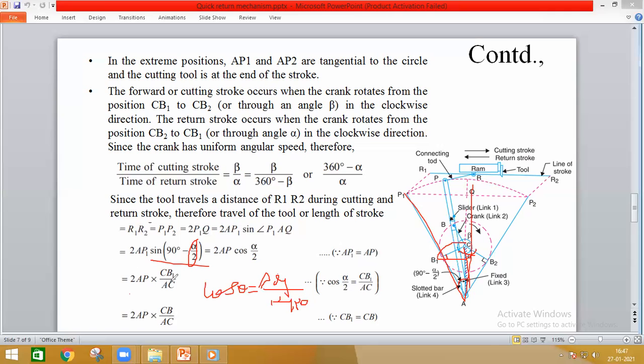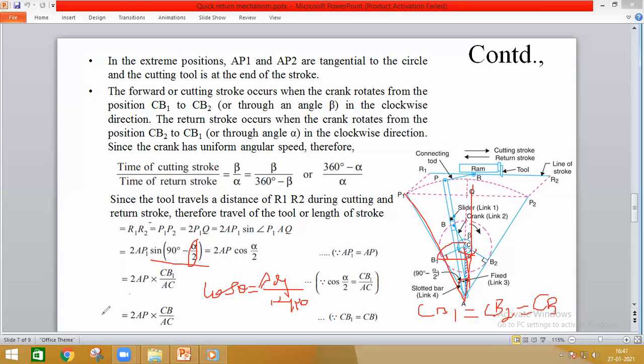So CB1 divided by AC. Where we can write it as 2AP into CB divided by AC, because CB1 equal to CB2 equal to CB. These are all the radius of the crank.